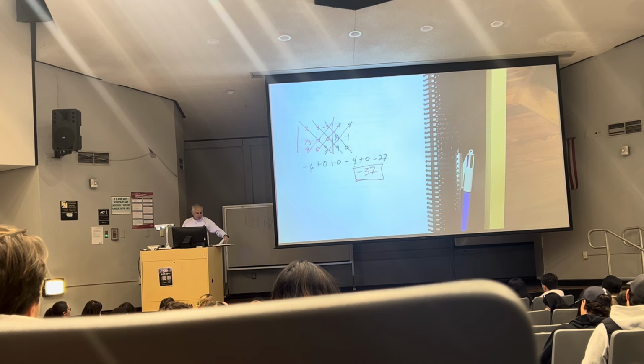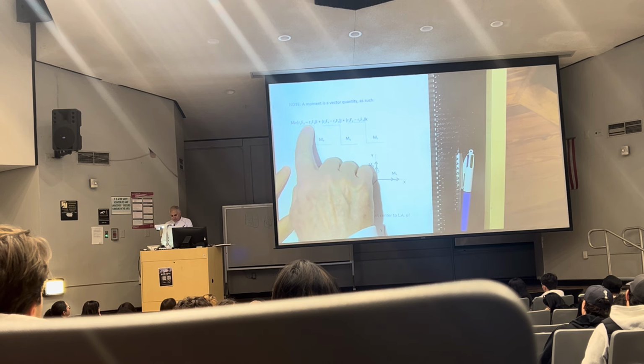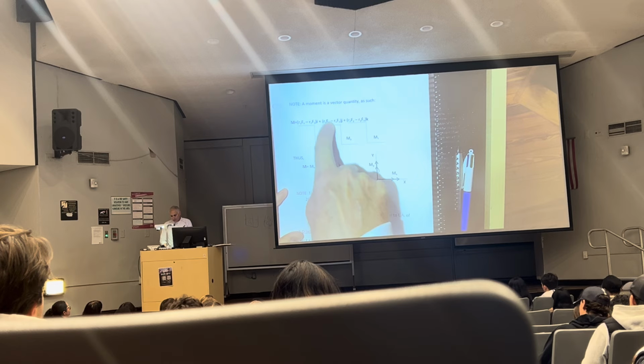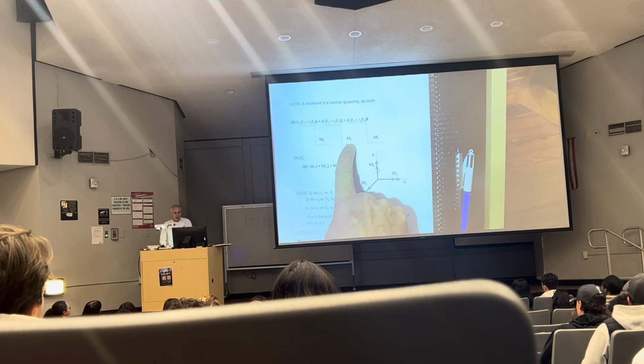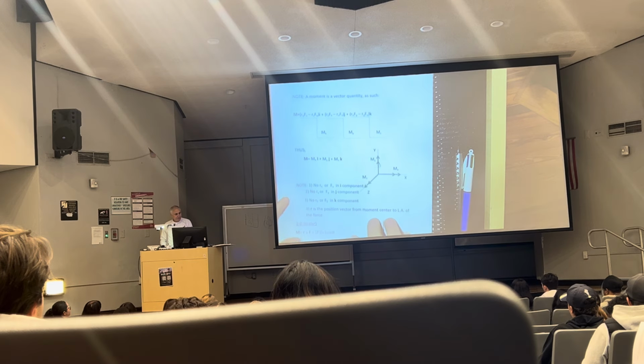Just like forces have components, so do moments, because they're vectors. So this ryfz minus rzfy, that is the mx component, just like you had the fx component. This is your my component, just like you had your fy component, and that's your mz.